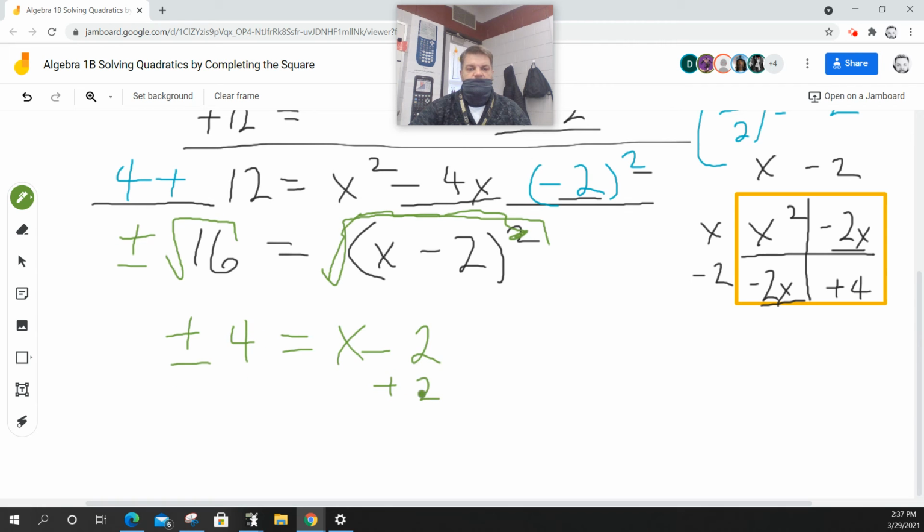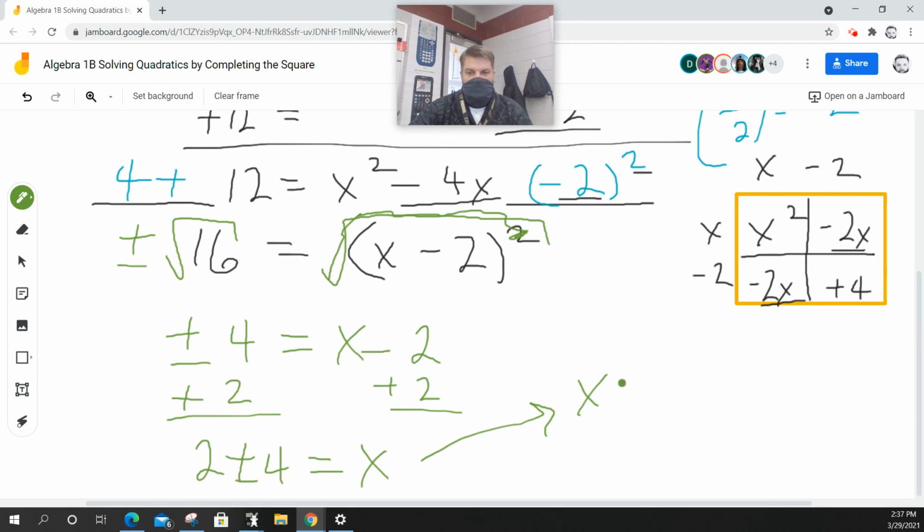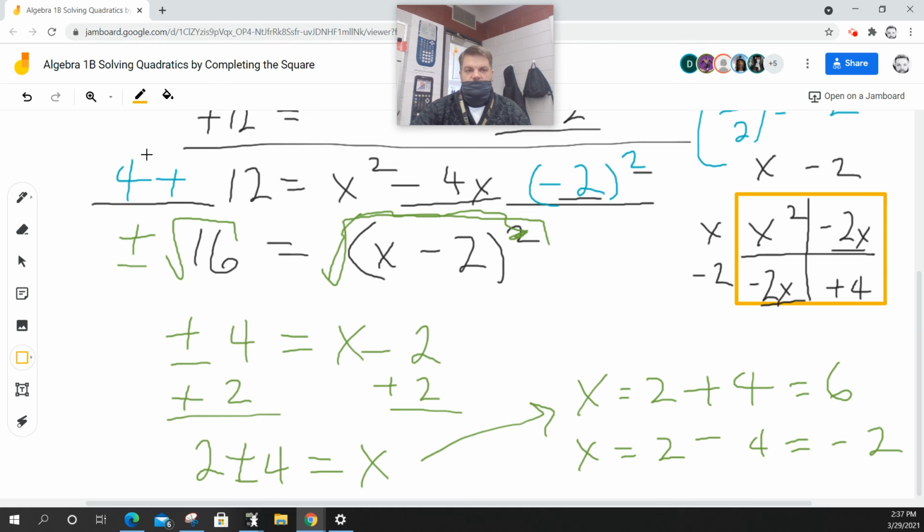So then I add 2 to both sides, and I get 2 plus or minus 4 equals x. That means x is equal to 2 plus 4, which is 6, or x equals 2 minus 4, which is negative 2. Those are my two solutions.